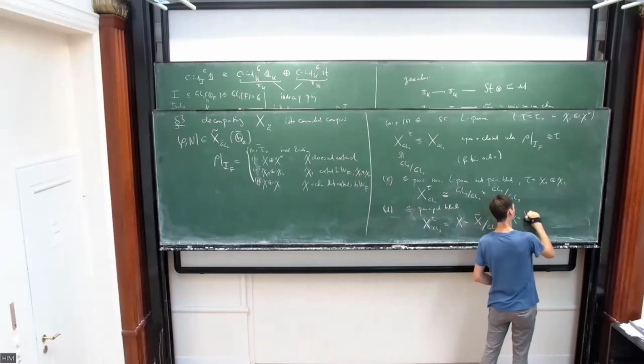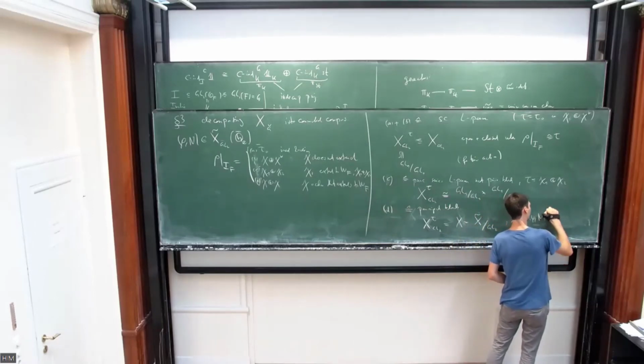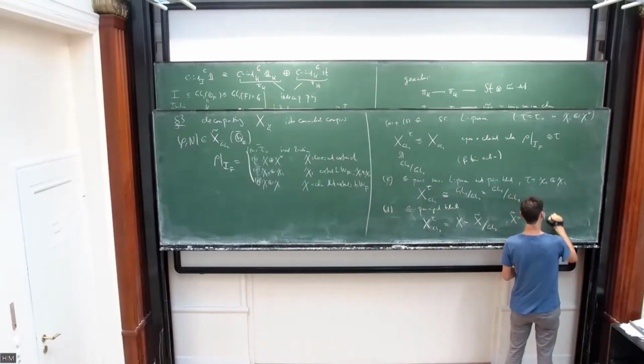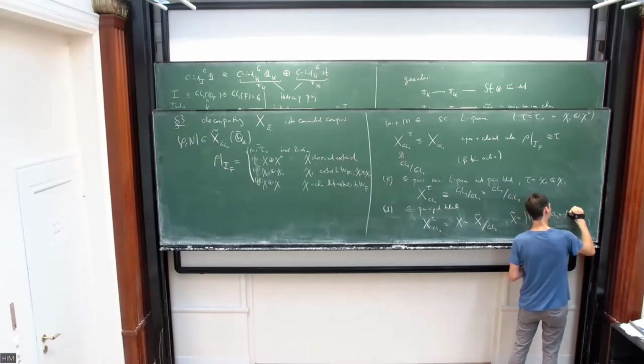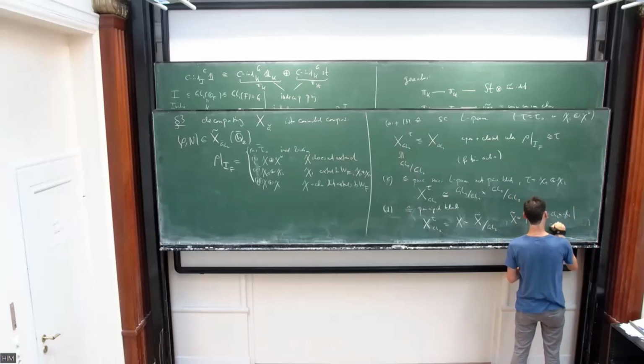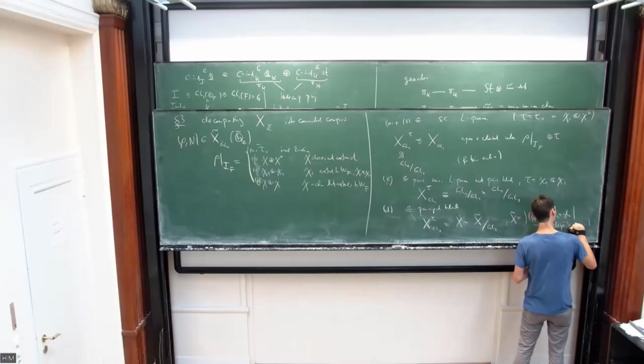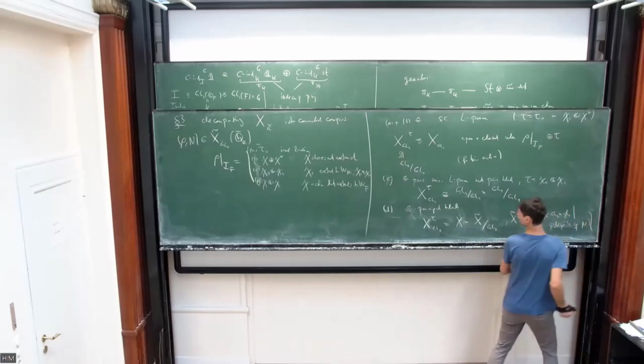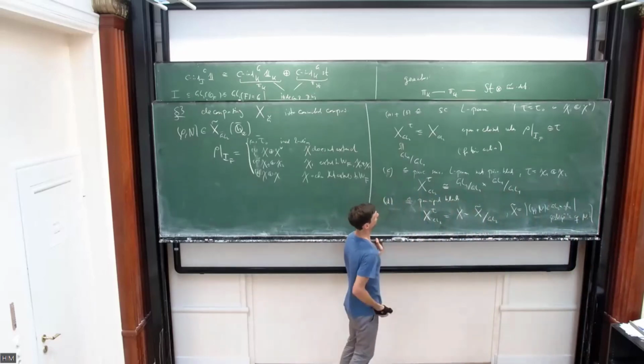Okay, X tilde consists of pairs pi N in GL2 times the Lie algebra of GL2 such that N pi N pi to the minus 1 is q times N. Okay.